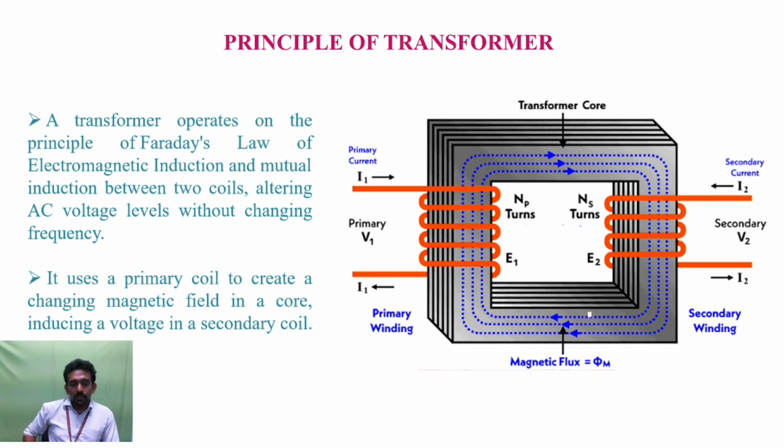This induced EMF then produces the magnetic flux throughout the core and links the secondary coil, and the secondary coil produces another electromotive force, E2, and this E2 induces a current I2, thereby giving the terminal voltage as output.